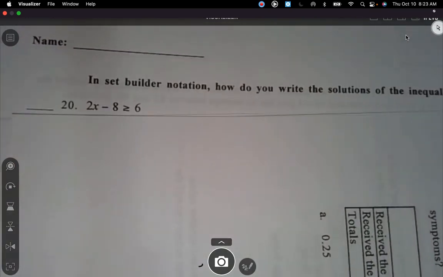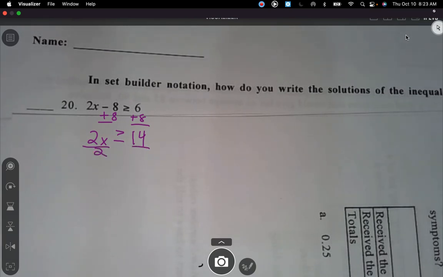Number 20. All right, this one is solving just like the first part. So what do I do to solve for x? I add 8. So 2x is greater than or equal to what? 14. Yeah, 6 plus 8, 14. Then what do I do?